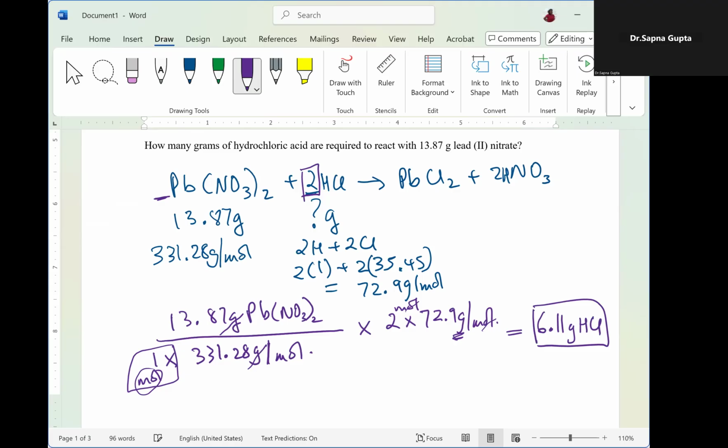So again, start with what is given to you, which was 13.87 grams of lead nitrate divided by the coefficient and the molar mass of that substance, multiply it by the coefficient and the mass of whatever you need, and that should give you your answer. Okay, so now I've explained this to you in a little bit long way, but I'm going to do another problem for you in a shorter way.